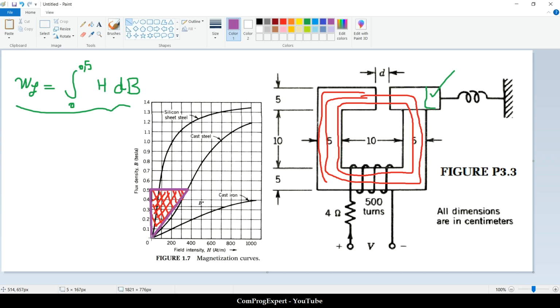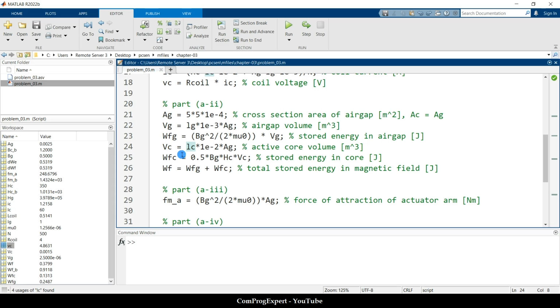So consider this triangle, and the area of this triangle is 1 divided by 2 times 0.5 Tesla times 350 Hc. So when we calculate this energy density, this one, 0.5 times B gap, we consider B gap equal to B core, neglecting the fringing flux.